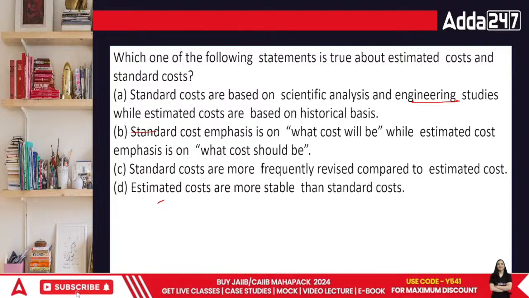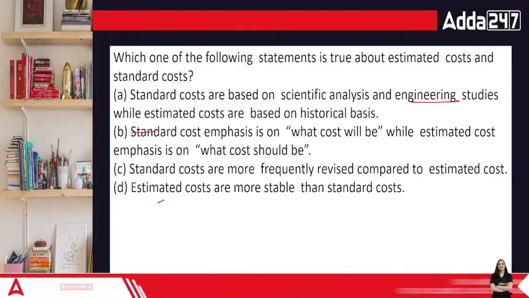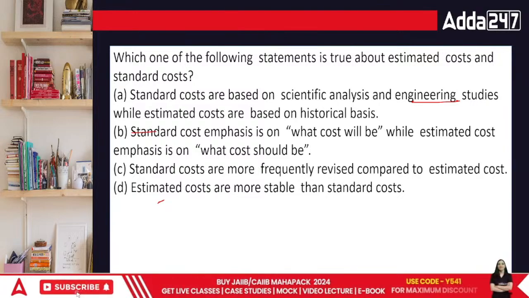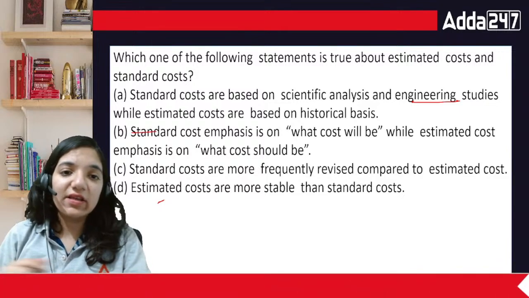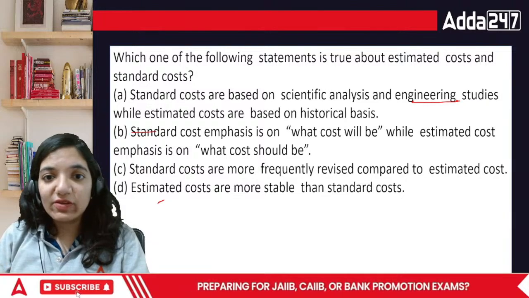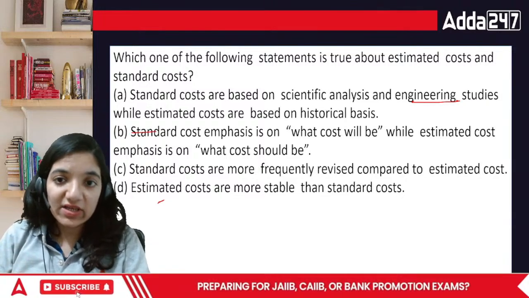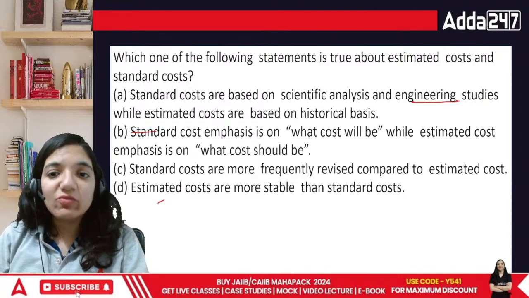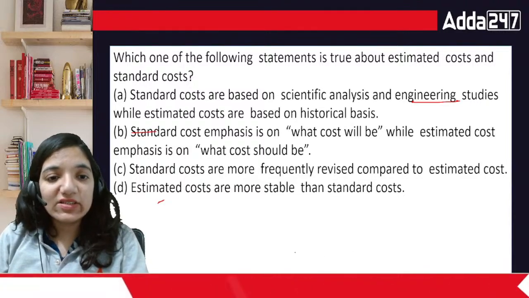Estimated is, if I ask you how much money you will be spending, I think I'll be spending roughly this. Standard is what should be your spending amount. When you define your spending amount, that would be considered in the standard costing. Standard is what the cost will be, and the estimate is what should be.